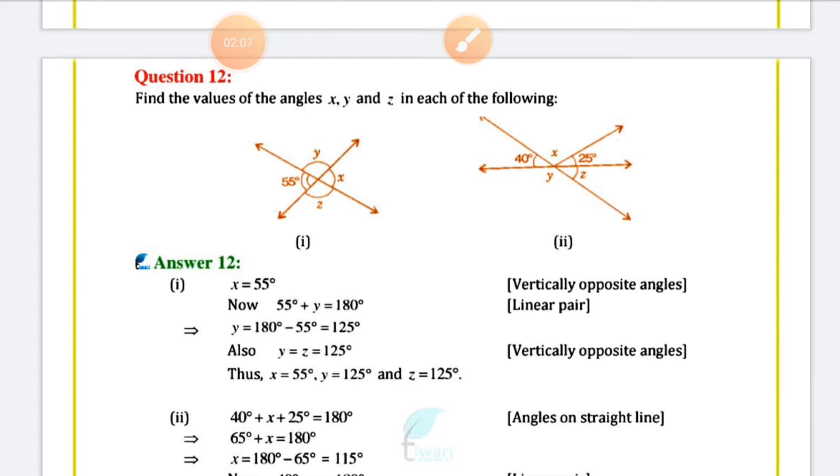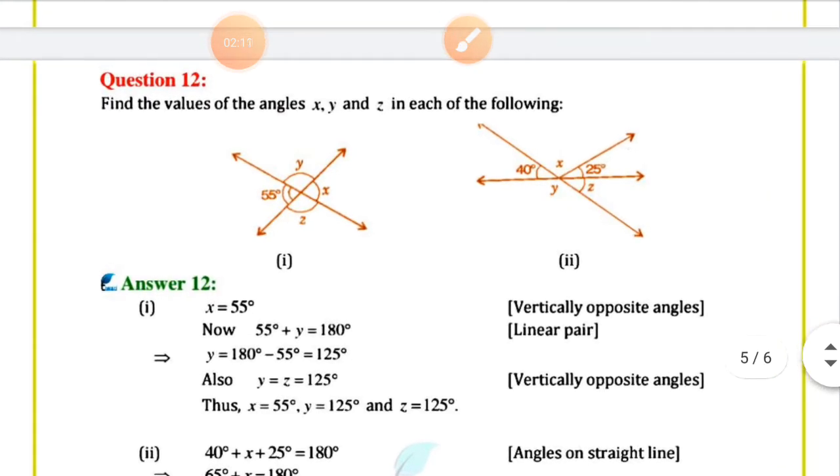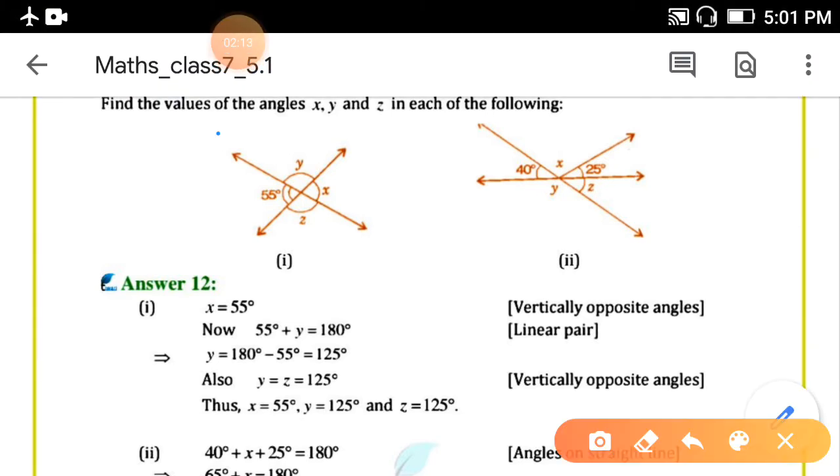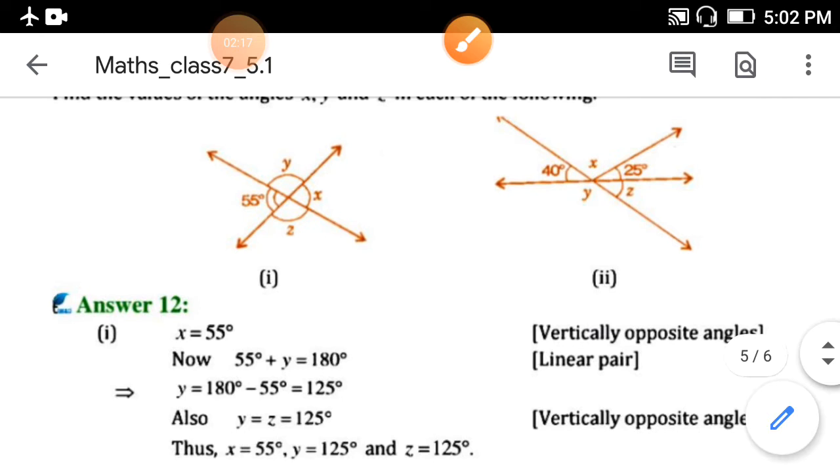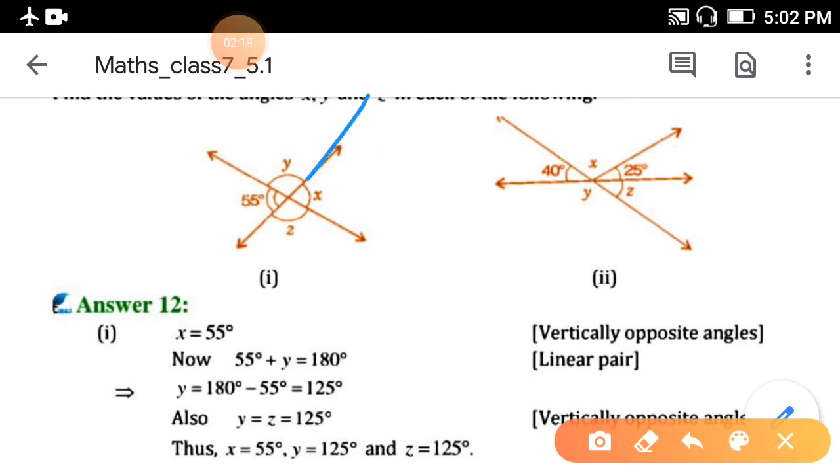Question number 12, find the values of the angles x, y, z in each of the following. First one. Here these two lines intersect each other, four angles formed, here x, here y, z and 55 degree.